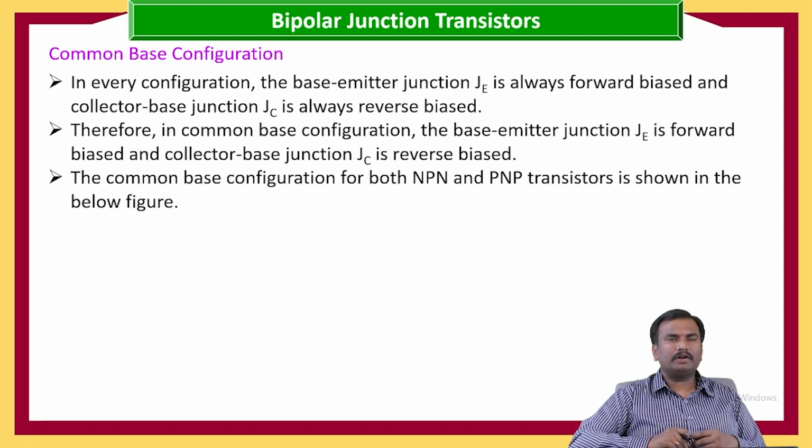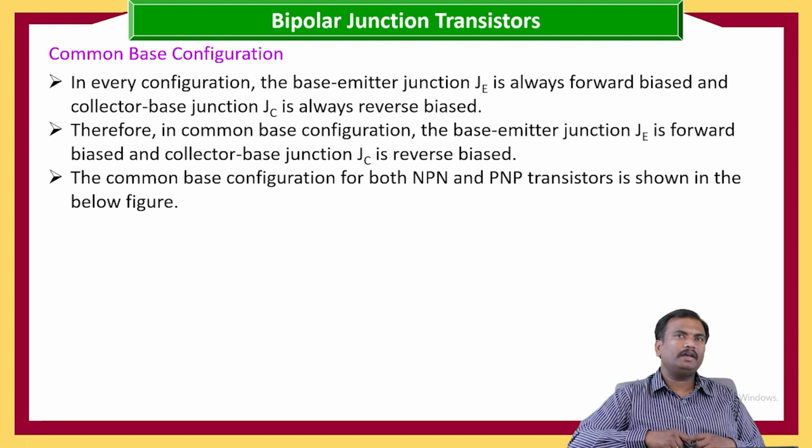Therefore, in order to get the emitter junction forward biased, a negative VBE voltage is applied to the base to emitter junction, and the collector to base junction is reverse biased.